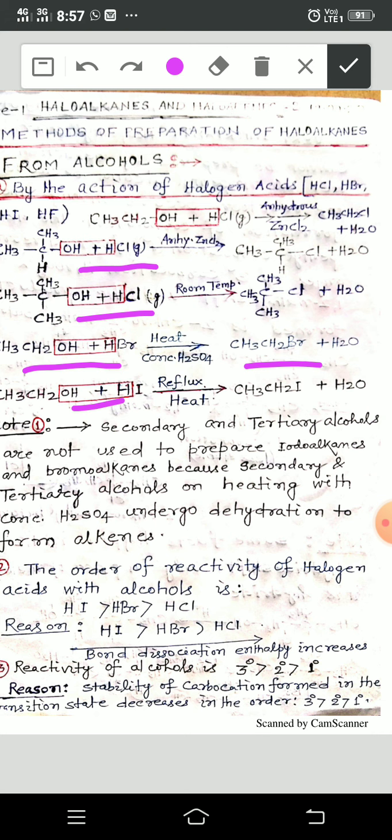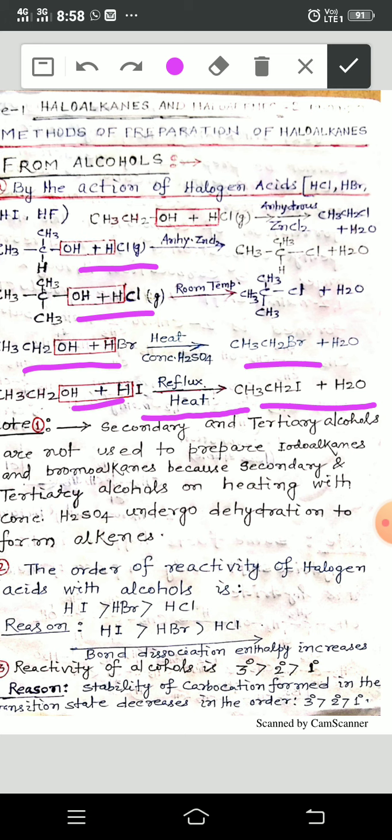Reflux means when the reactants are heated in a flask, and after evaporation a condenser is fitted in the flask, and with the help of this process, when the preparation of any compound is done, that is known as refluxing. Here iodoalkane is prepared, iodoethane.